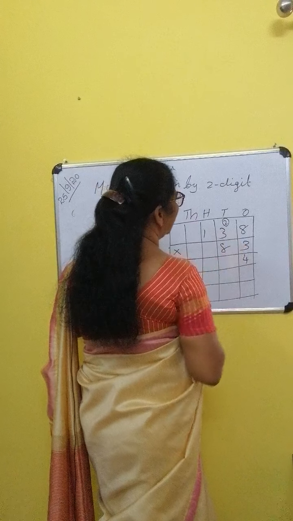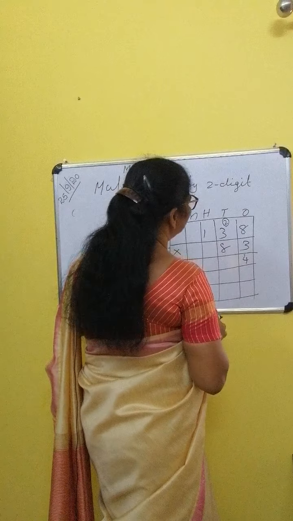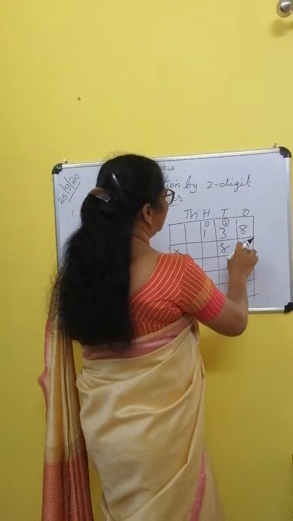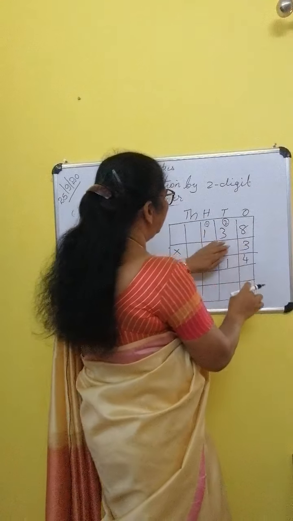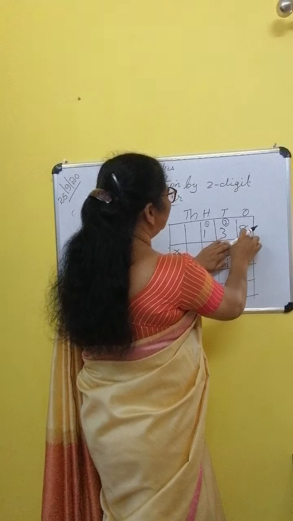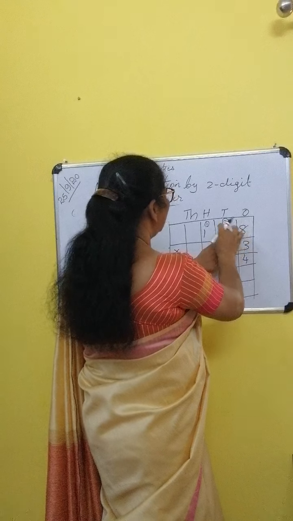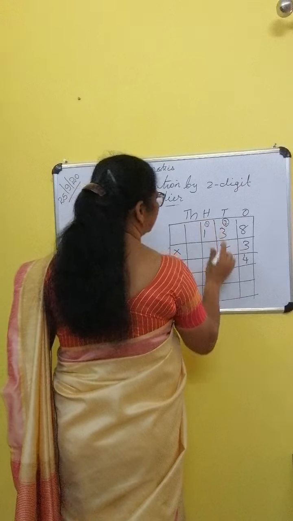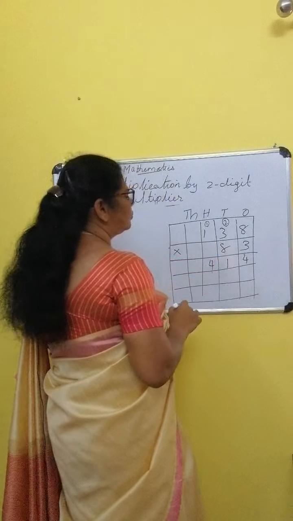Then 3 3s are 9 plus 2, 11. 1 is here, 1 remainder. Then next place. With the 3 you multiply first 8, then 3, then 1. 3 ones are 3 plus 1, 4.